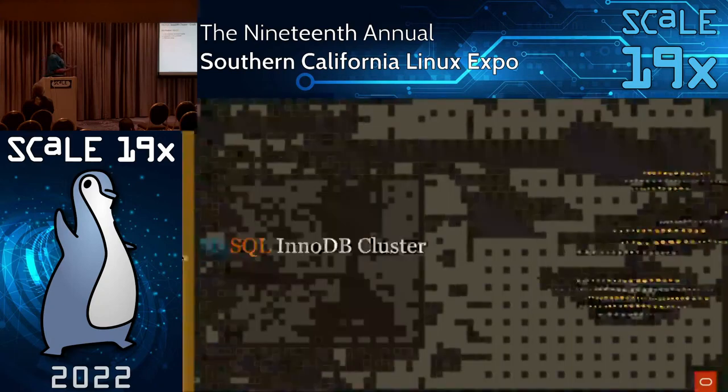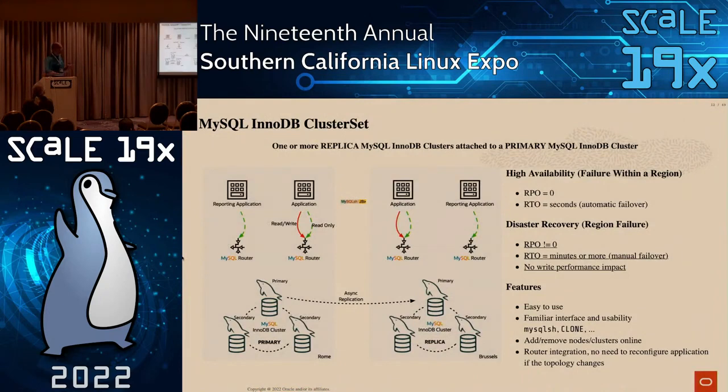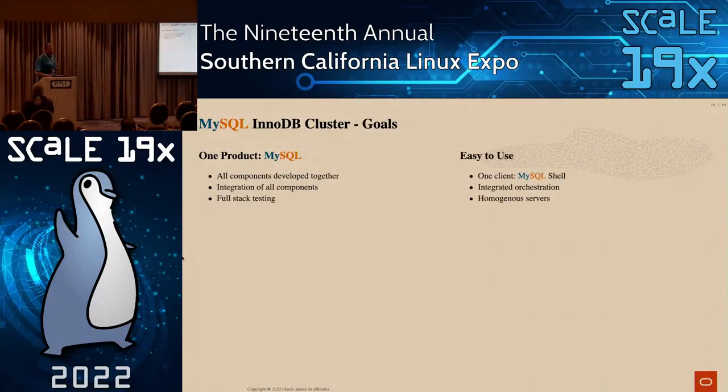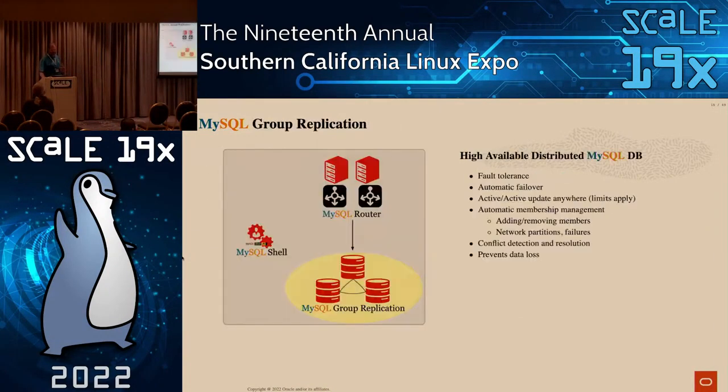We have a QA team that does testing on this environment, which is really good to have. Before that, we didn't really have that. We did test replication and our technologies, but we never tested the full solution because it wasn't a product, right? So that's important. It's also easy to use, very simple.